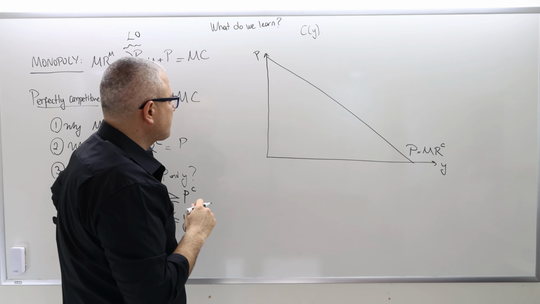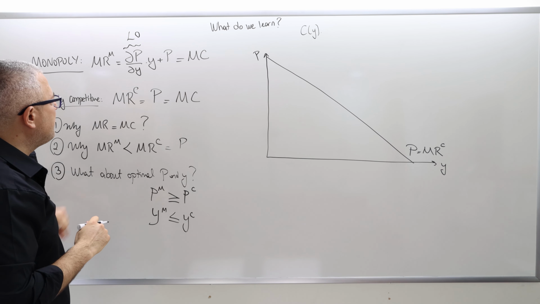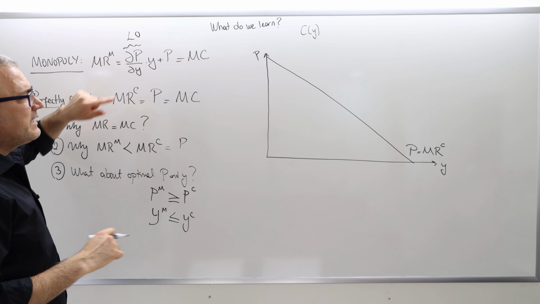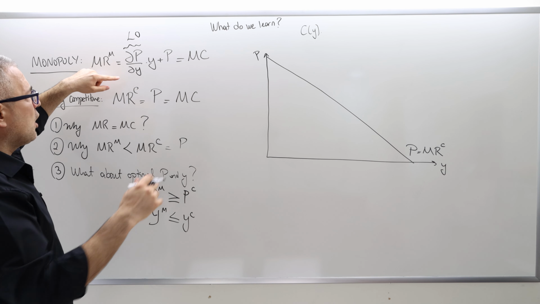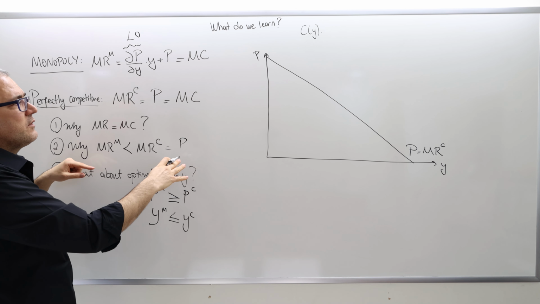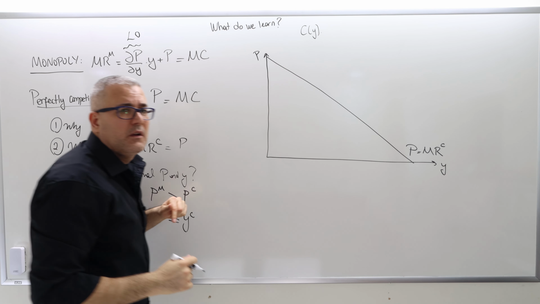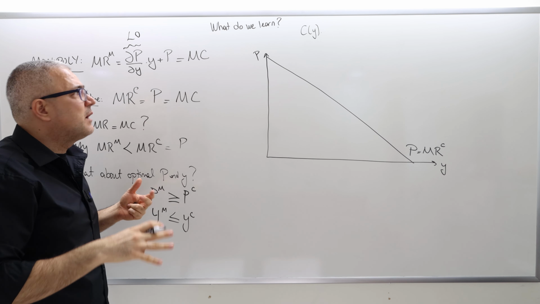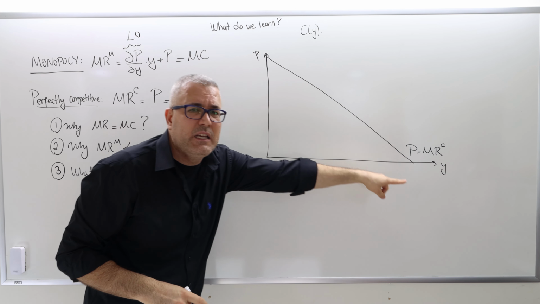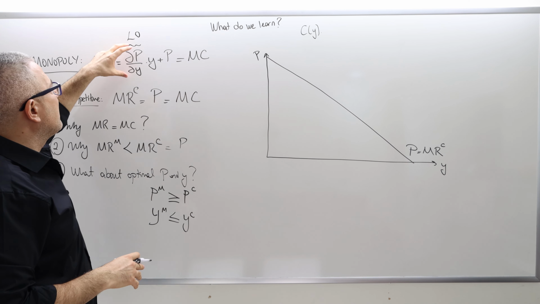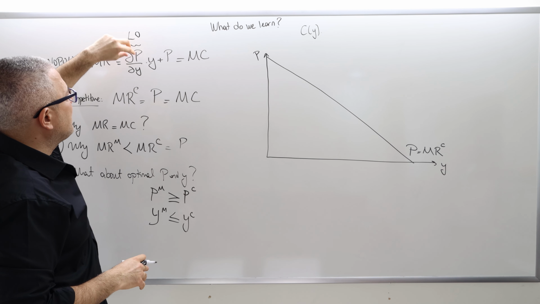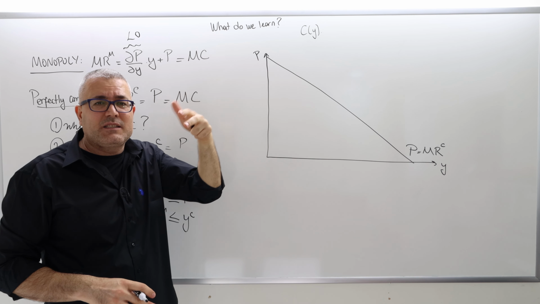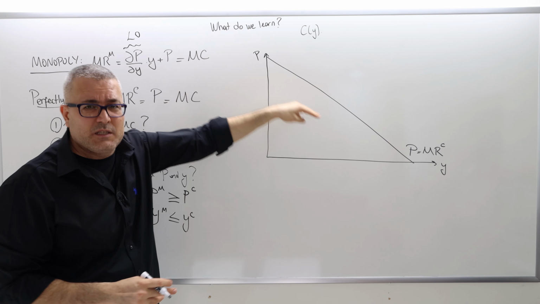So the price is equal to the marginal revenue of the competitive firm, right? If you remember. What about the marginal revenue of the monopolist? Well, it is definitely lower than the price, all right, so it's underneath this curve. Is it linear? Well, that depends on the assumption. But if the demand curve is linear, then this term, the del P, del Y, is going to be a constant, a negative constant, like -2, which is the slope.